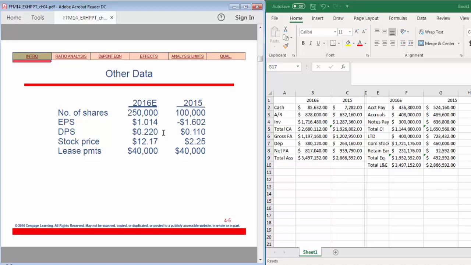And we'll discuss this in detail when we come to the stocks chapter, that the present price of the stock is not really dependent on the past performance of the firm, but on the future expectation of cash flows or free cash flows which come in. Lease payments are the same, 40,000 for the 2 years.